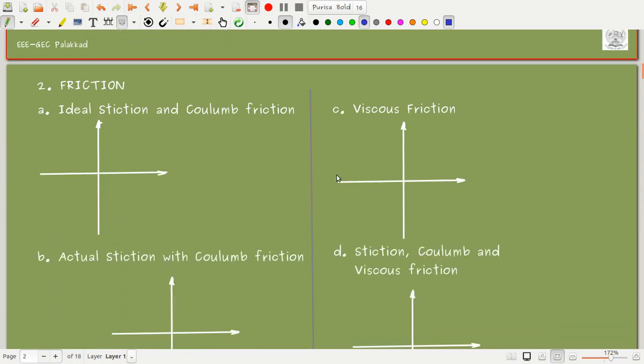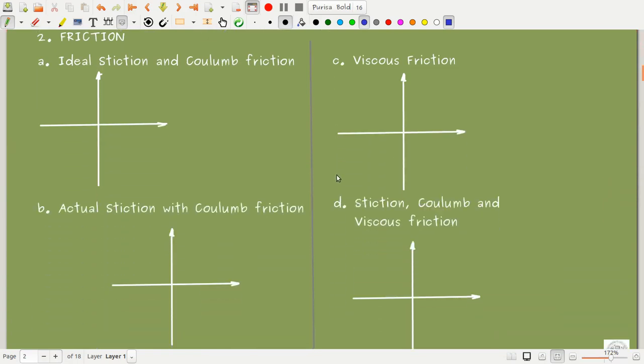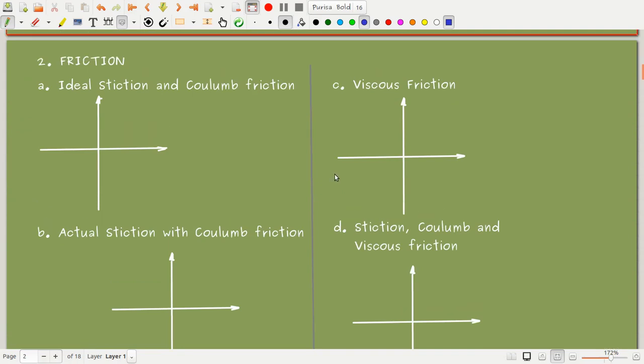which you all know, but we will see it in a different way. There are three types of friction: stiction, Coulomb friction, and viscous friction.